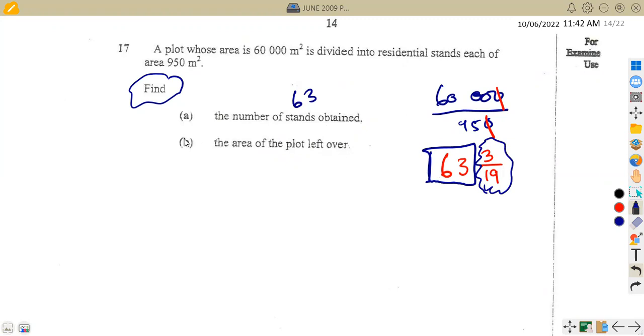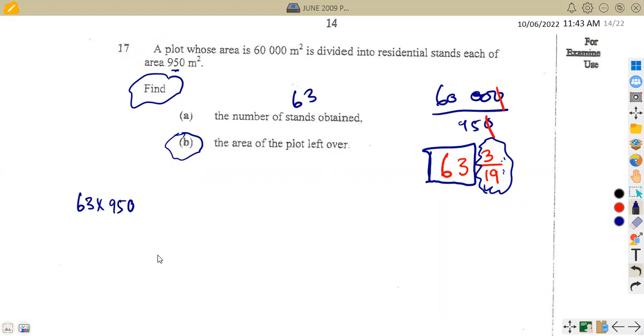And that is now what they're asking, what is the area of the plot that is left, which is the leftover. So this is the leftover here, which is 3 over 19. So how now am I going to know this remainder of 3 over 19? I'm just going to say out of 63, each was 950. So I'm going to multiply 63 times 950.